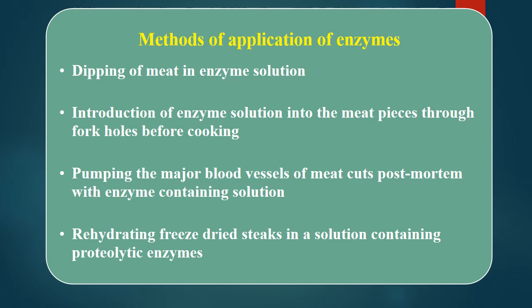In that we can inject the solution and it will reach the entire muscles. Then the fourth option is rehydrating freeze dried steaks in a solution containing proteolytic enzymes. We have discussed earlier in preservation that there are freeze dried meats which should be rehydrated before use. For that rehydration we can prepare the proteolytic enzyme solution and use it for rehydrating.